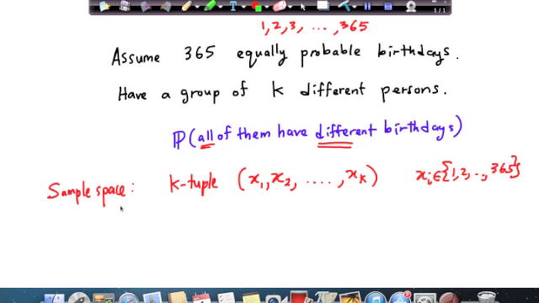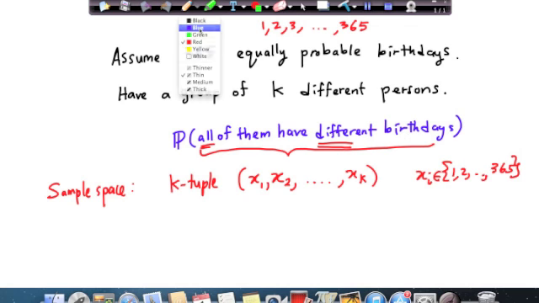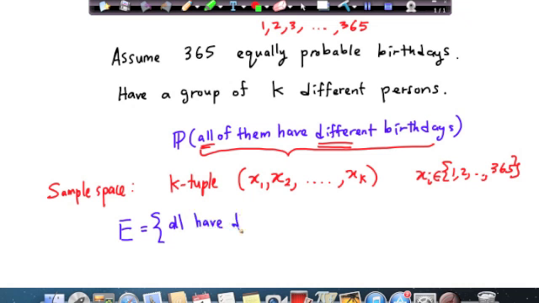Next, we want to describe the events that we are interested in. This is the event that all of them have different birthdays. So let us denote the event by E. So this is the event that all the persons have different birthdays.